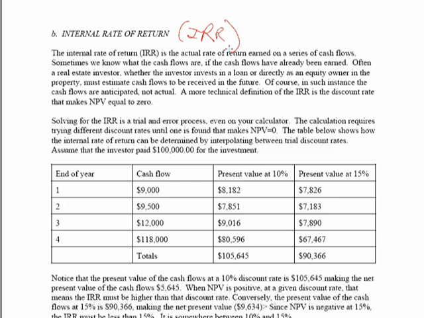So another way of thinking about internal rate of return is the one special discount rate. We could use any discount rate, but the internal rate of return is the one special discount rate that makes the present value of the benefits equal to the present value of the cost exactly, which again results in an NPV of exactly 0. So the IRR is the discount rate that makes NPV equal to 0.